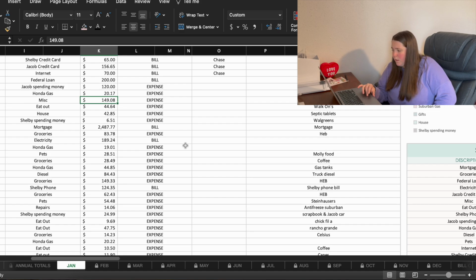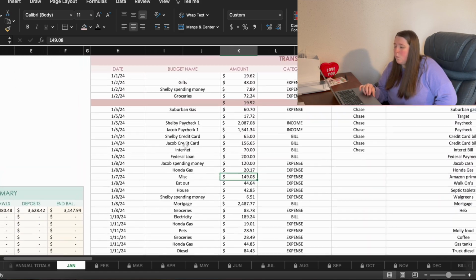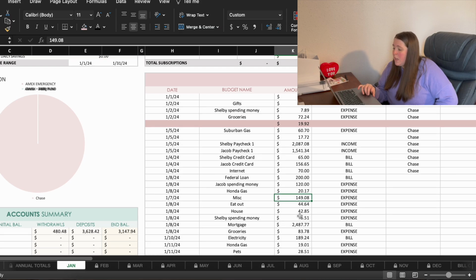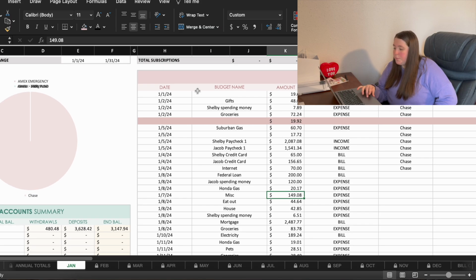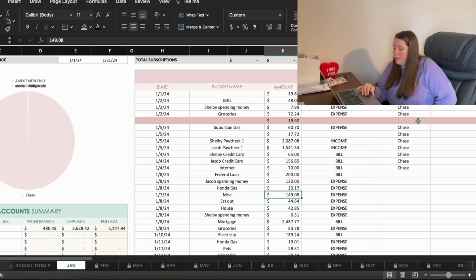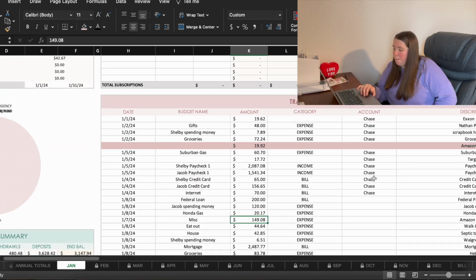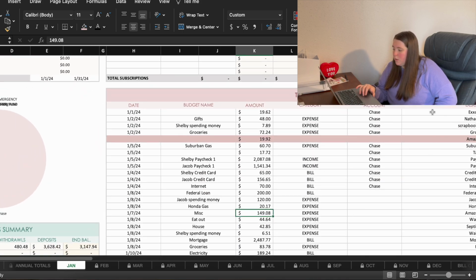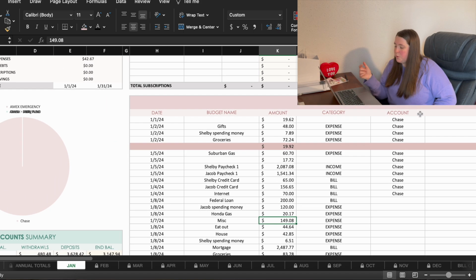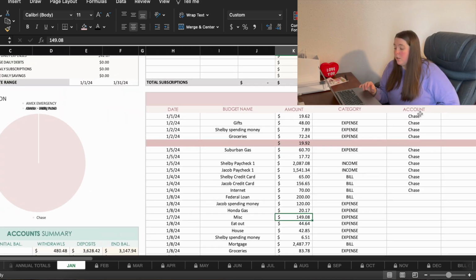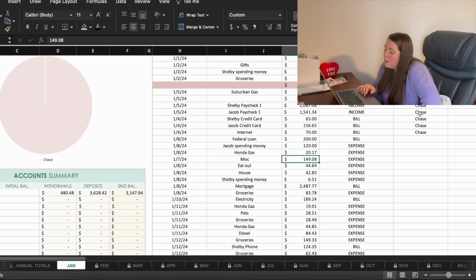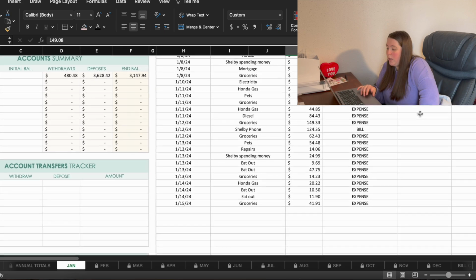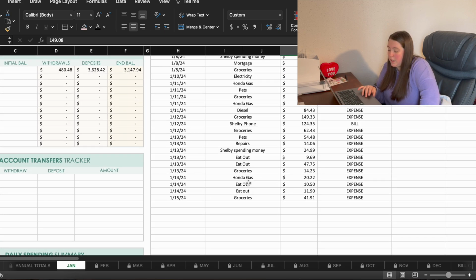The one thing I did notice is I wish the description was closer over here. Since I don't use this account, I'm wondering if I can play around and switch these columns so the description is closer and I'm not constantly having to scroll, but we'll see. If you can see here, I did everything through the 15th.